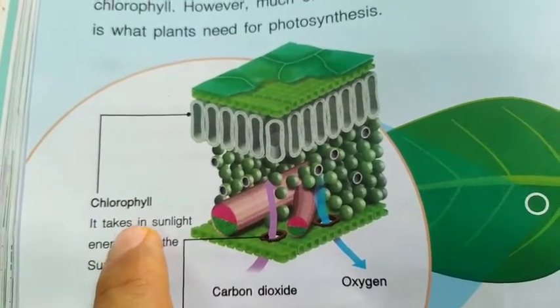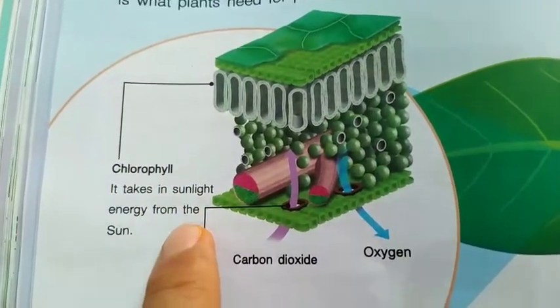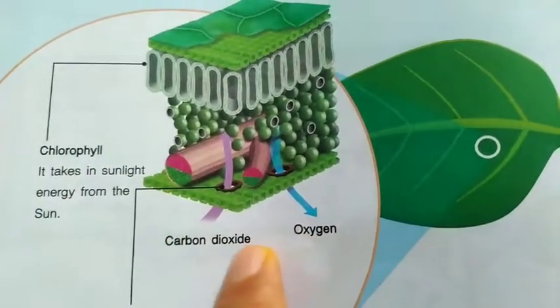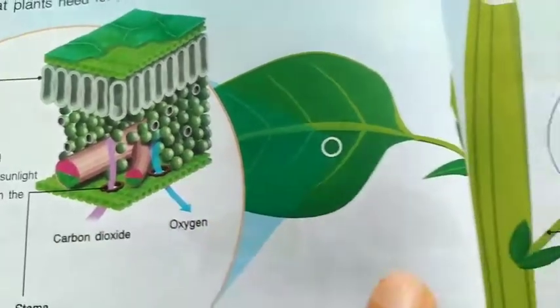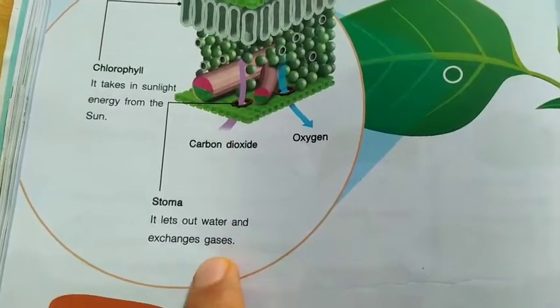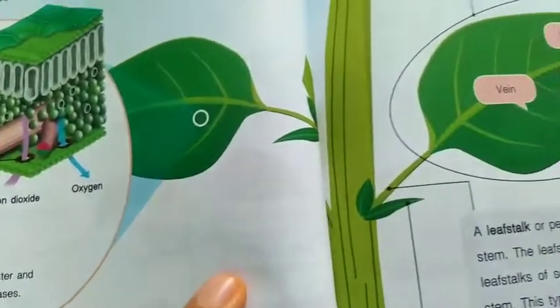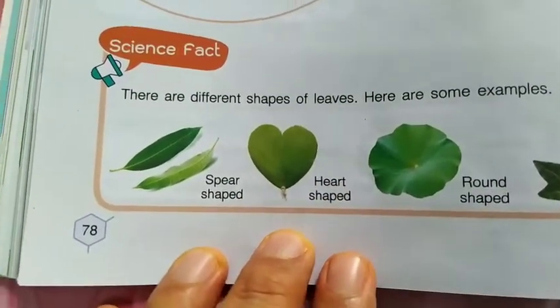Okay, so it's the green color which is responsible for taking in the energy from the sun and mixing it with carbon dioxide and oxygen here through the stoma, right? Yeah, stoma. Okay, so it lets out water and exchanges gases, so it becomes food, as you can see in here. Later on, we'll go back to that one.